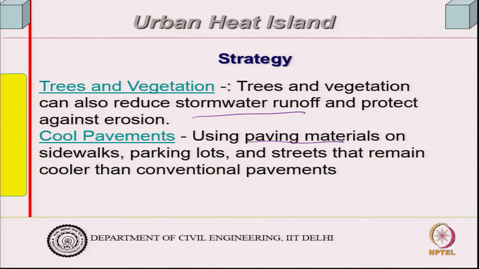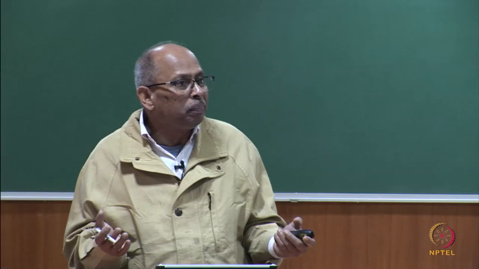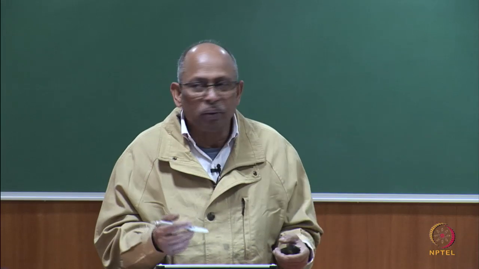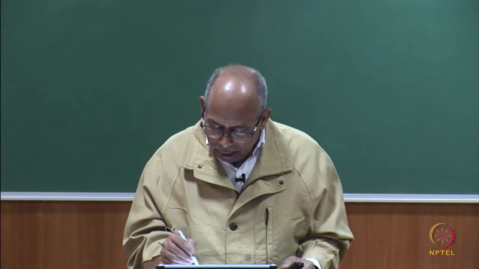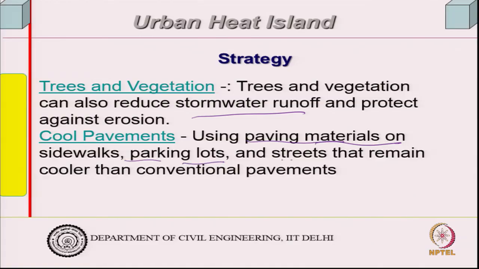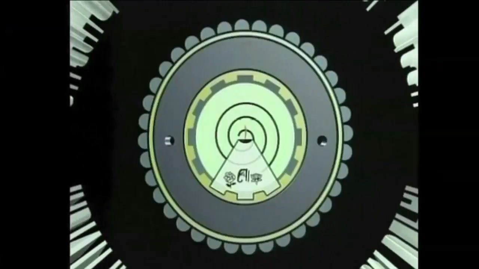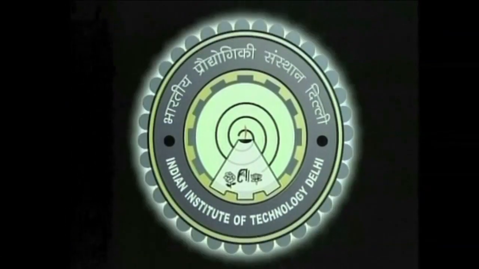Quite often people make sidewalks even of concrete pavement, which is not the right thing to do, possibly, if you do not want the urban heat island effect. And paving materials on sidewalks, parking lots, percolated concrete, there are several options available that remain cooler than conventional pavement. So, this is the mitigation strategy. I think with this we close.